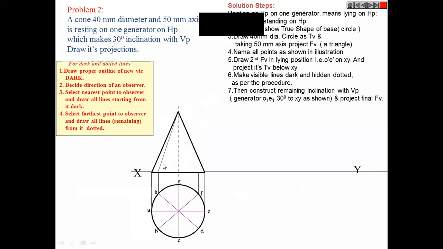Now all these generators. Oh, here it should actually be O, the center. The generators are imaginary lines. They should not be dark. They are just helping lines, imaginary lines. They are not actual solid lines. Fine, so we will mark them. Now naming is very important.